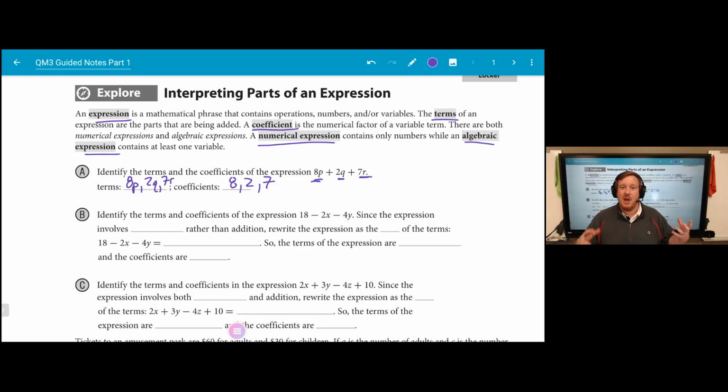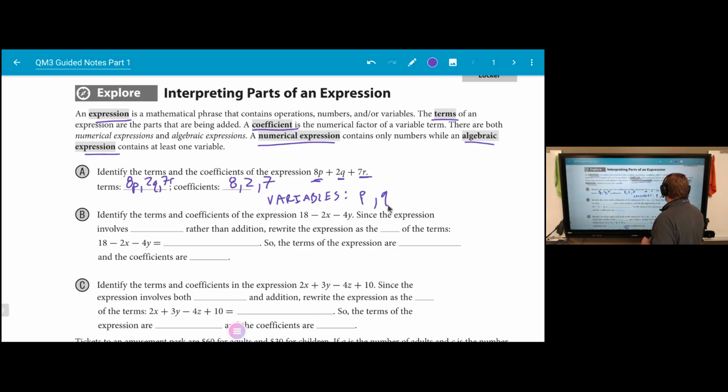You can think of this as basically your one level. Identifying terms, identifying coefficients. We'll talk about one more thing here. If I asked what the variables are here, the letters in here, you would tell me that they are p, q, and r.